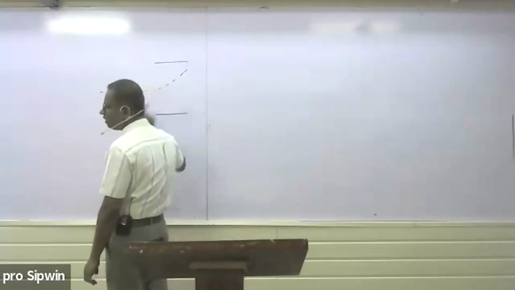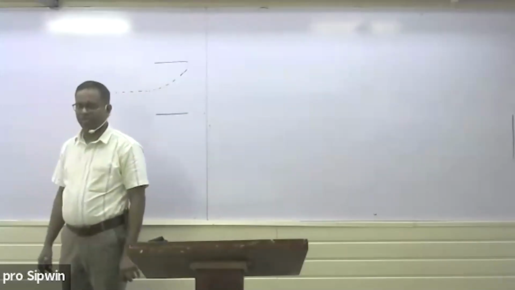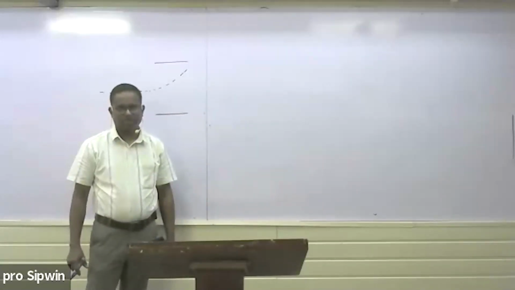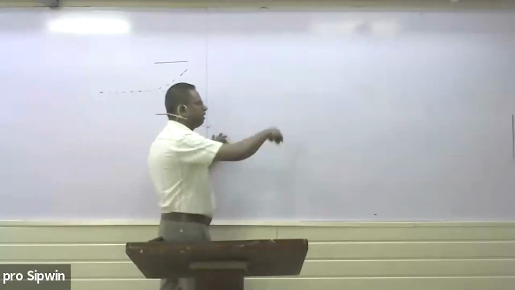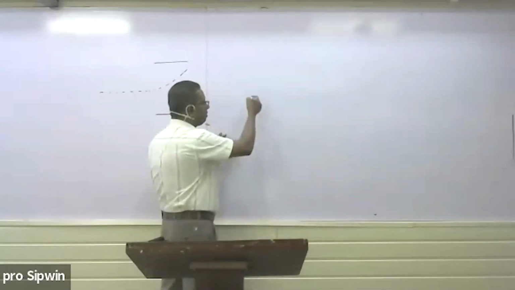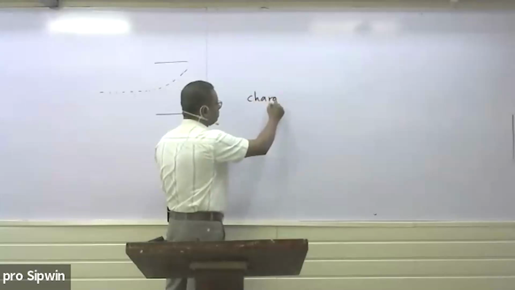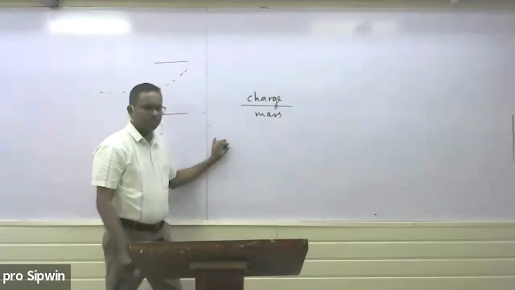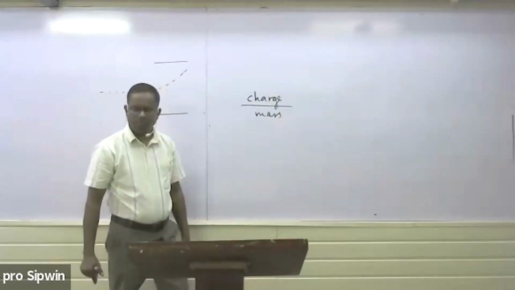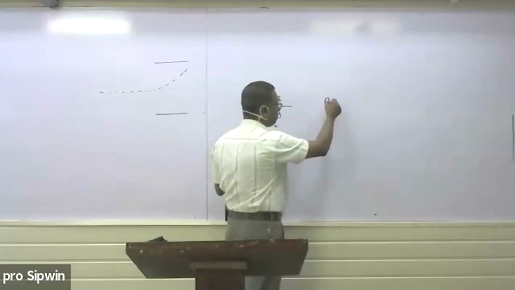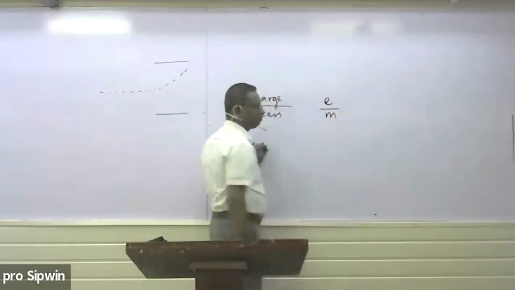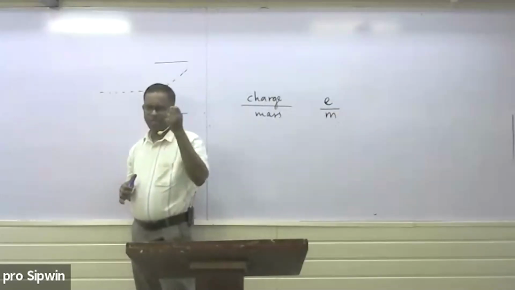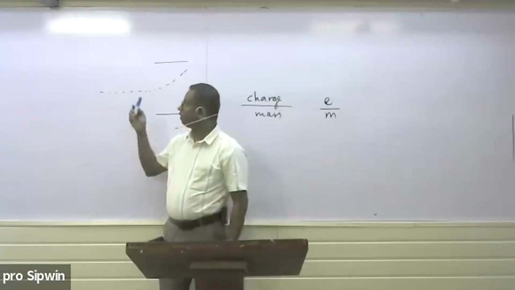After that, when an electric field is there and the rays are deflecting, by measuring these deflecting angles, using mathematics, Thomson was able to determine charge divided by mass. Charge of the cathode ray particle, we label as E, mass M. So Thomson was able to determine the E divided by M value of a cathode ray particle.